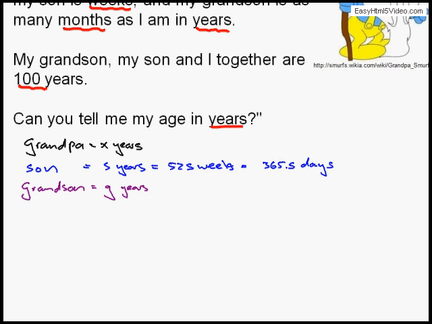And then for the grandson, since he is G years old, it will be 52 times G weeks that he's old, and he will be 365 times G days old.